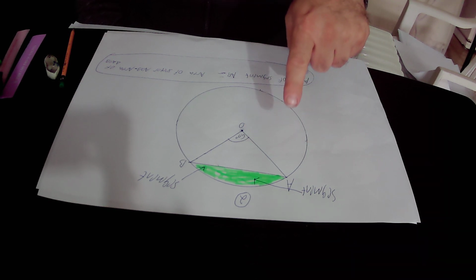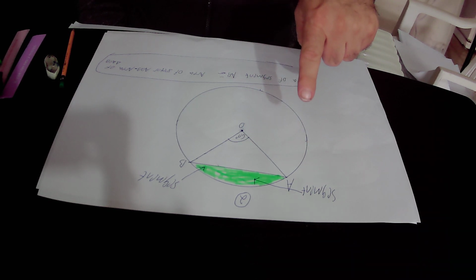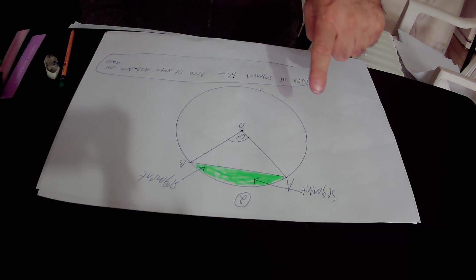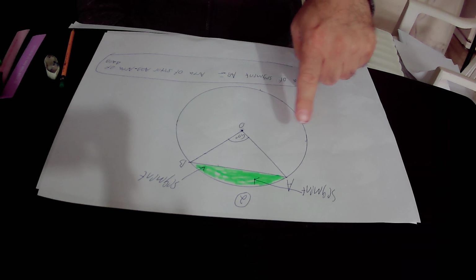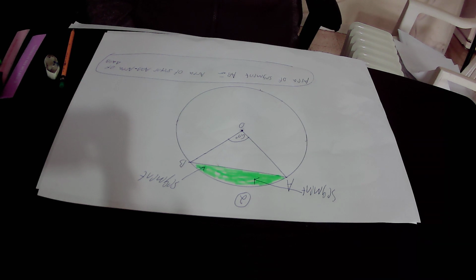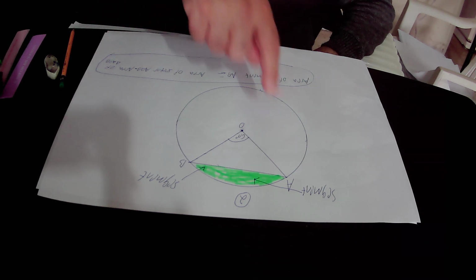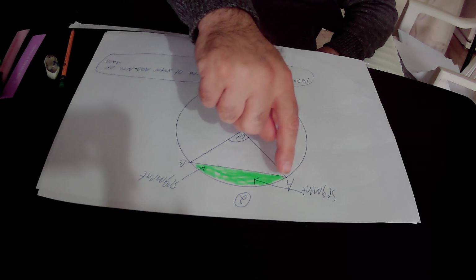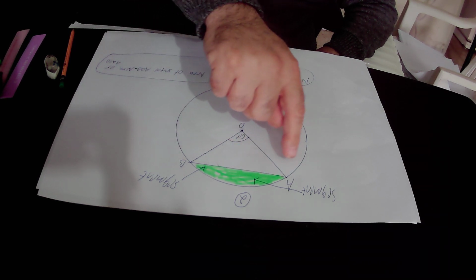In this example, segment AB is the green area that is bounded by chord AB and arc AB.